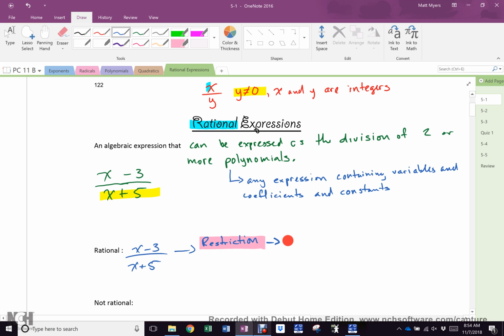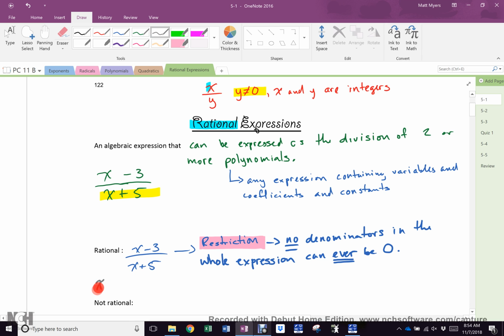That restriction is no denominators in the whole expression can ever be 0. Everybody understand that?